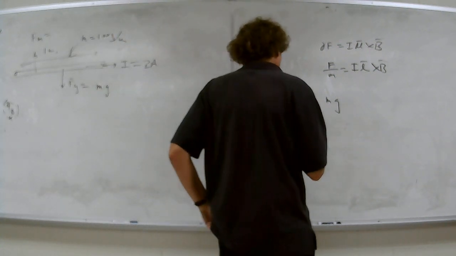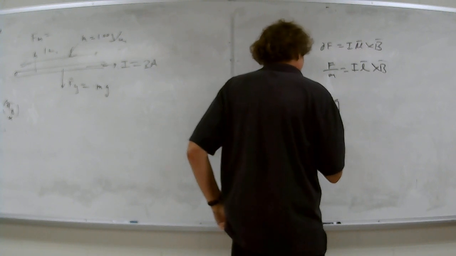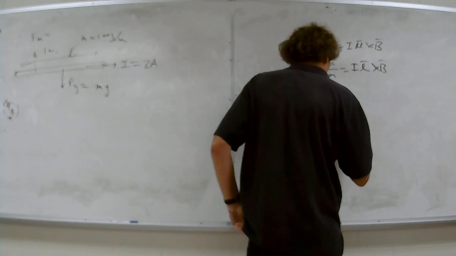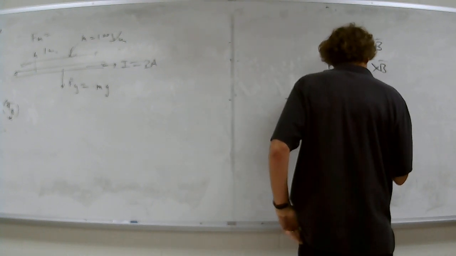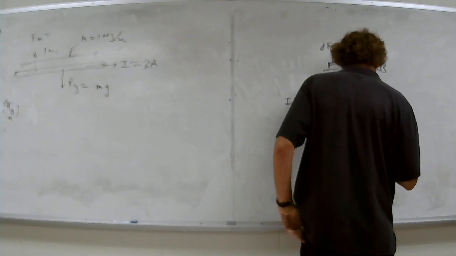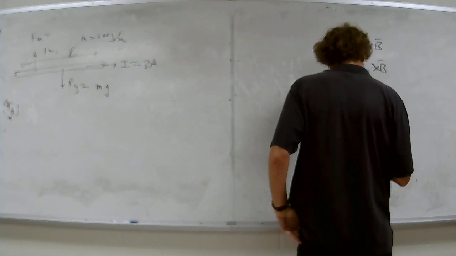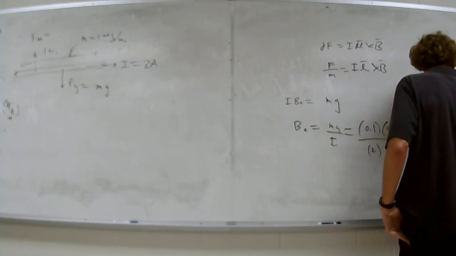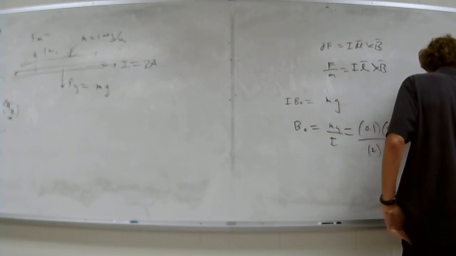So what is this going to be? They want the B field, so the B field magnitude is mg over I. Mass is 0.1 kilograms, gravity is 9.8 meters per second squared, and I is 2 amps. This would be in either Tesla or Webers per meter squared.